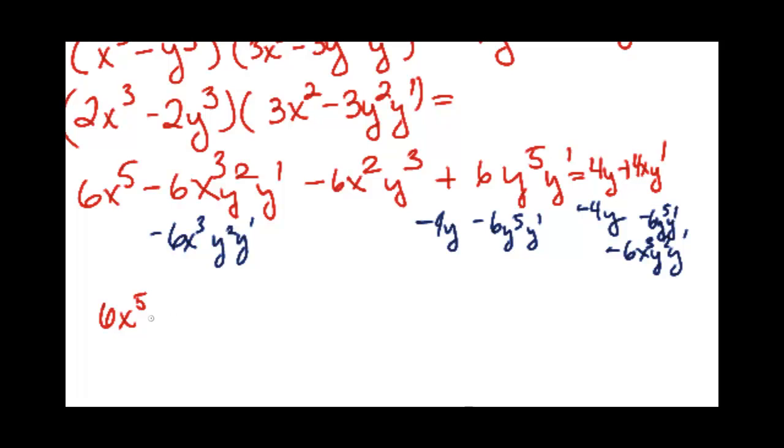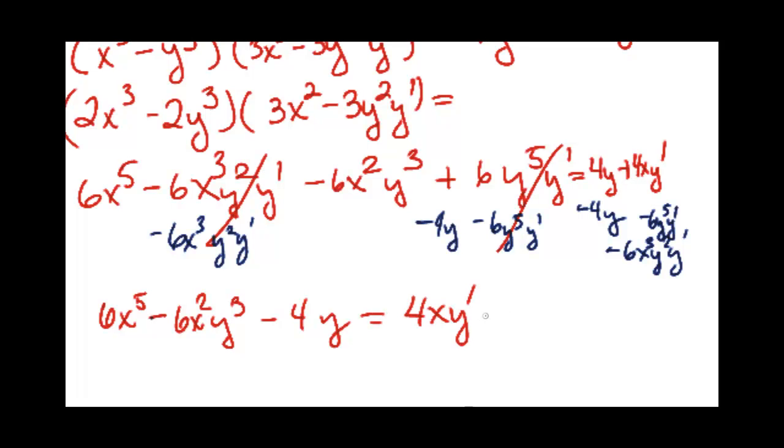So everything else would be on this left side, 6x squared y cubed, and then minus 4y. So that canceled, that canceled, leaving me with a 4xy prime minus a 6y to the 5th y prime, a 6x cubed y squared y prime.